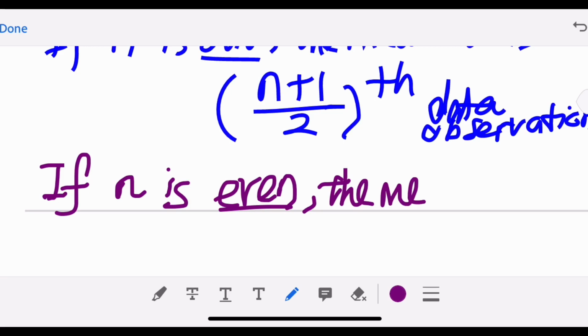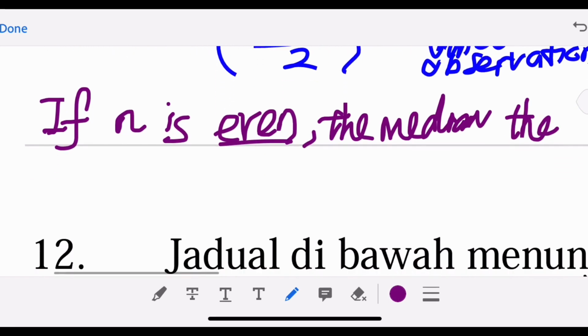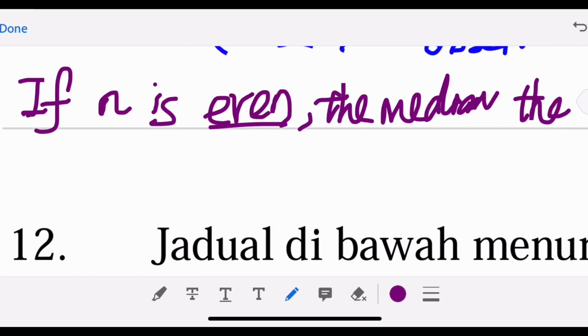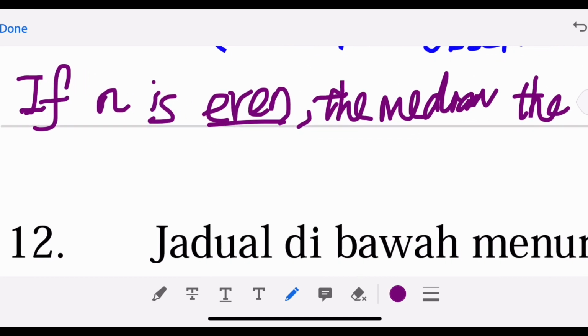If the number of data is even, then for the median you need to find the average of the middle term plus the middle term plus 1. Do you understand? Example, n is 10, right? So the median will be the 10 over 2, which is the 5th term, and the 10 over 2 plus 1, which is 5 plus 1, the 6th term.